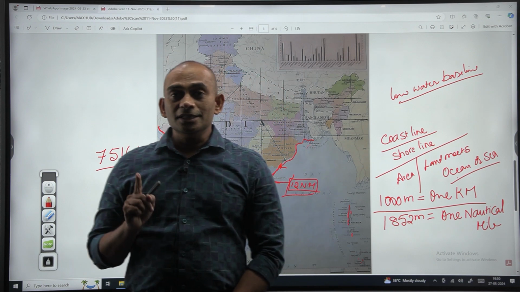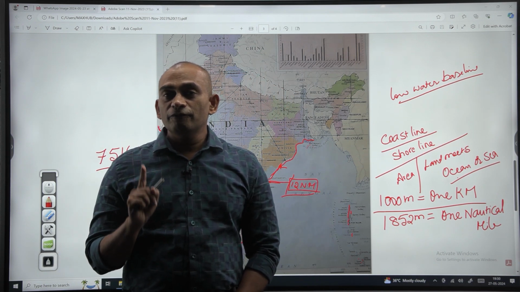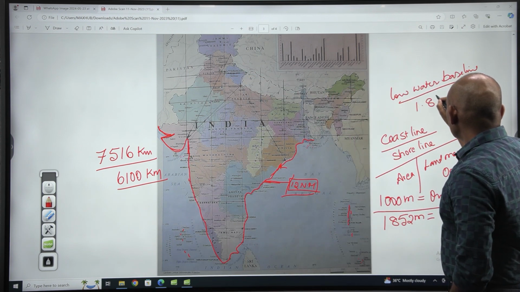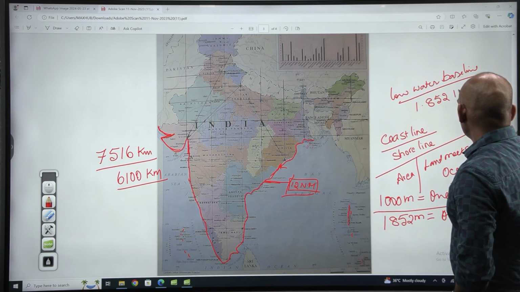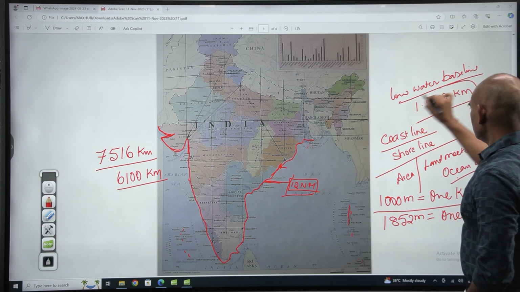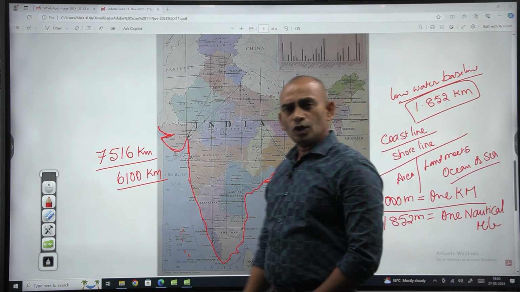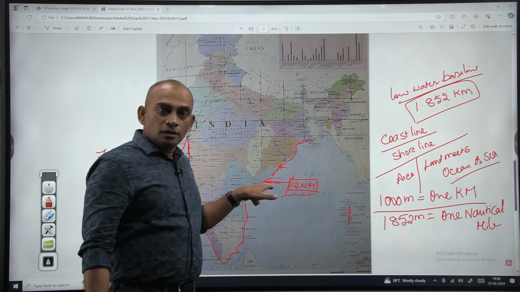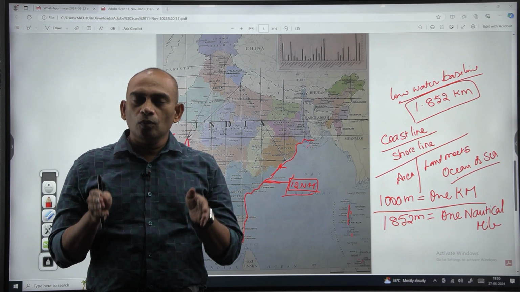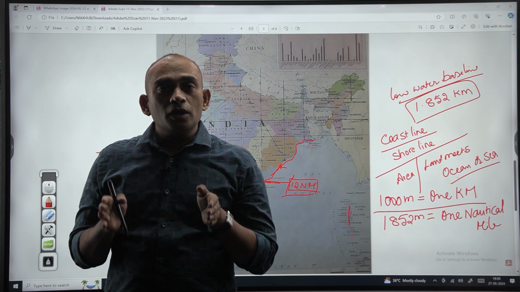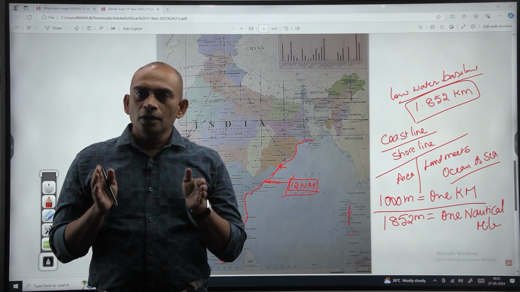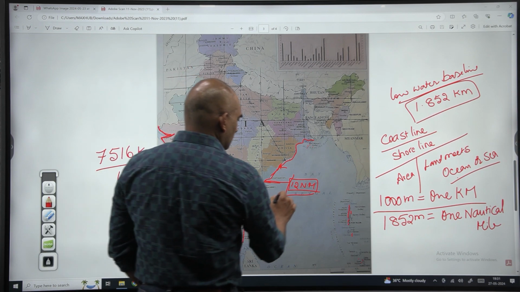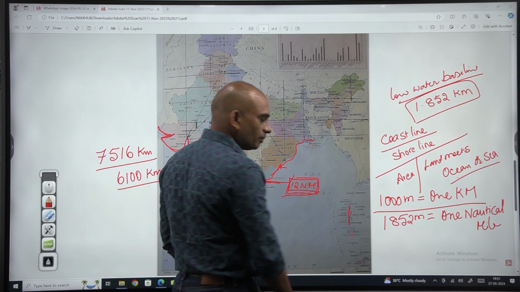1 nautical mile is equal to 1852 meters. That means 1.852 kilometers. So the territorial waters of any particular coastal country is having 12 nautical miles.